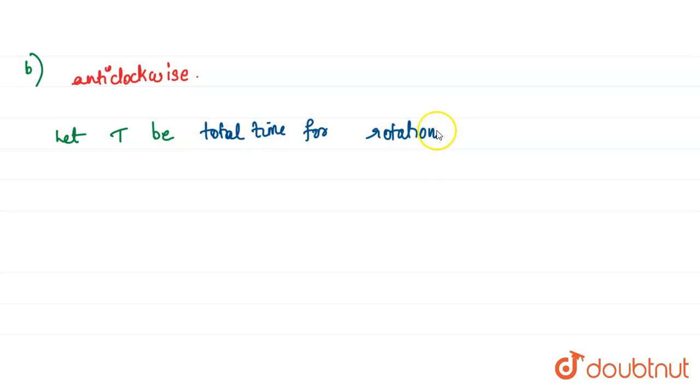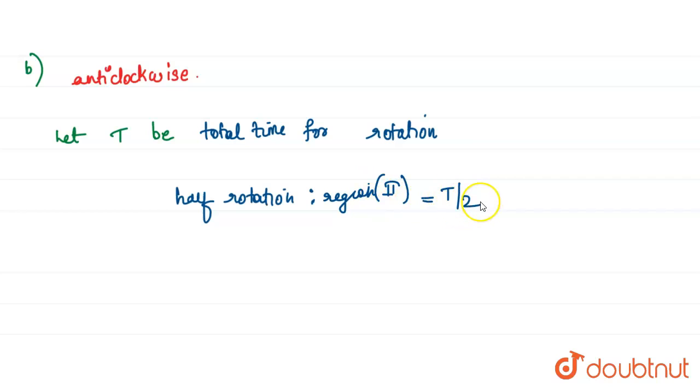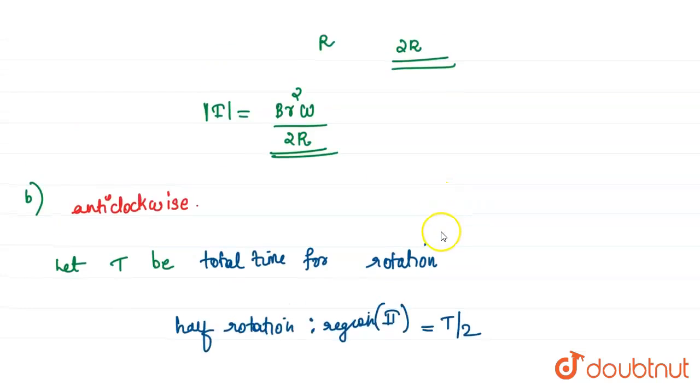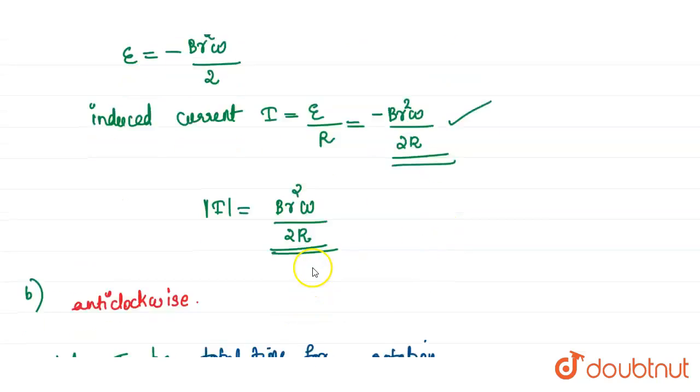For the half rotation, the loop is first in region 1, then in region 2. The time for half the rotation is equal to T divided by 2. Until that half rotation, the current will remain constant.